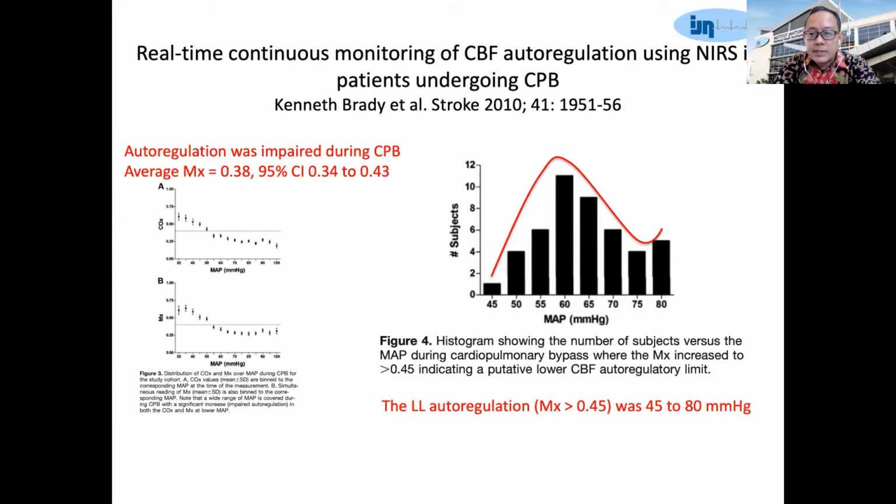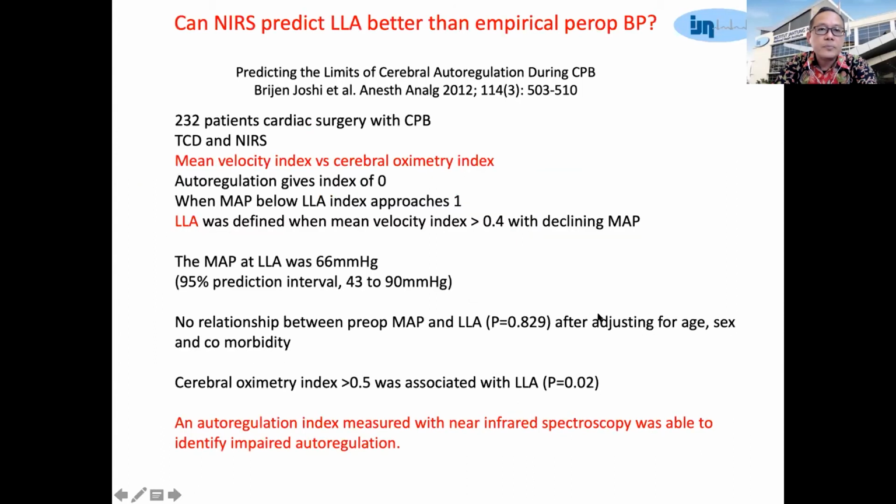So note the range of the lower limit of autoregulation. If we fail to understand that each patient is different individually, we risk running into a complication in about 50% of our population.